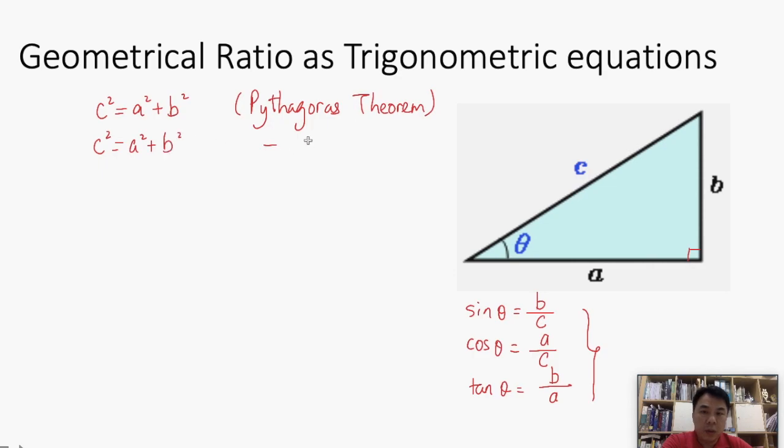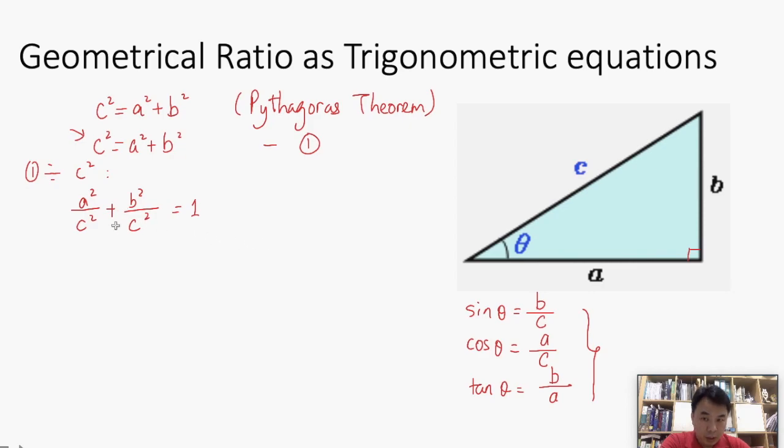Say I would like to take equation number 1 and divide the whole equation by c squared. Therefore, I will have a squared over c squared plus b squared over c squared, and on this side I will have 1.